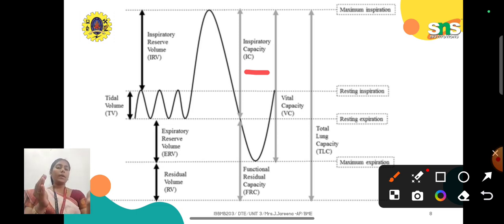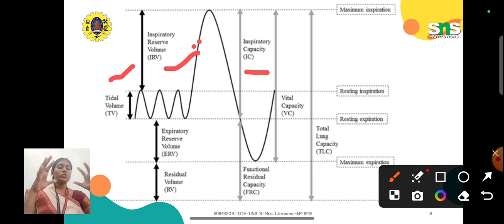Here we have tidal volume plus inspiratory reserve volume. Inspiratory capacity covers two volumes: the tidal volume, which is the normal inspiration, plus the extra inspiration, the inspiratory reserve volume. The combination of these two gives inspiratory capacity.